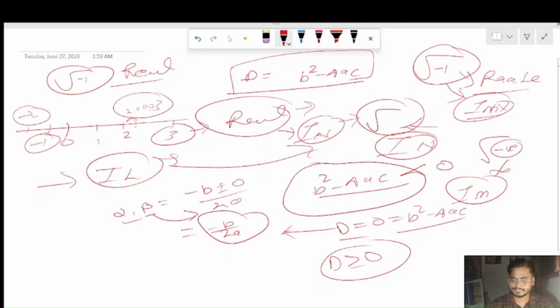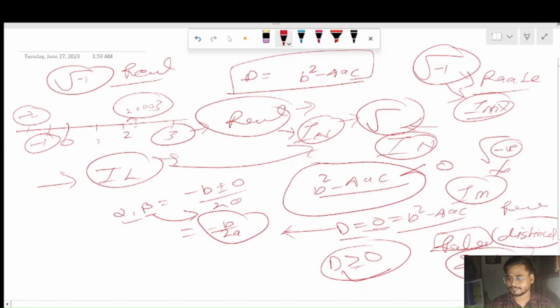And when d is greater than 0, we will get real and distinct solutions. So when it is equal to 0, the roots will be the same, but when it is greater than 0, our roots will be real and distinct.